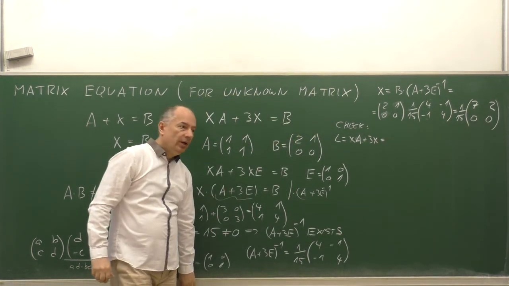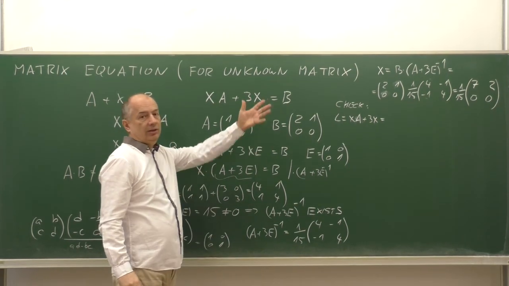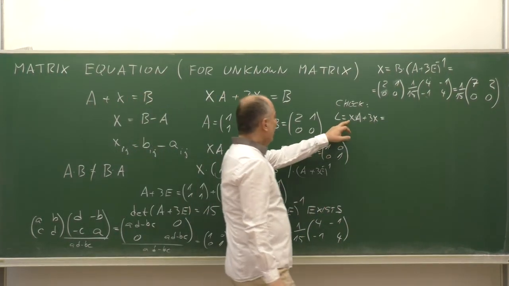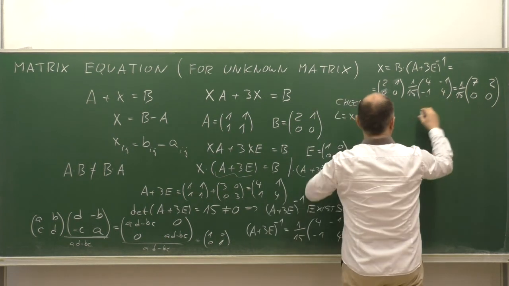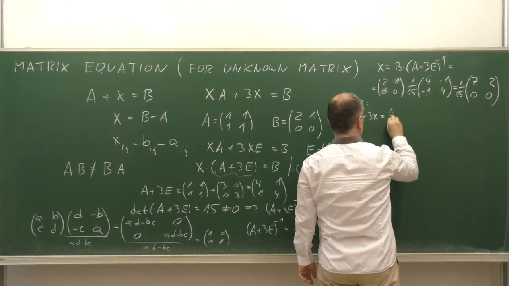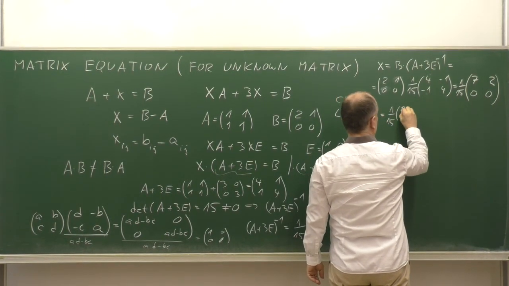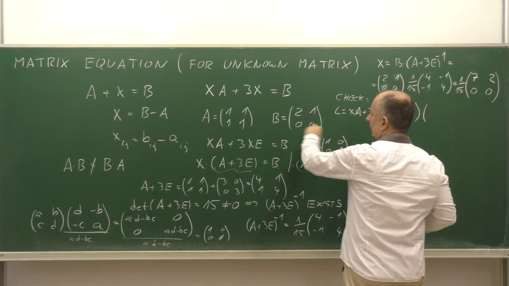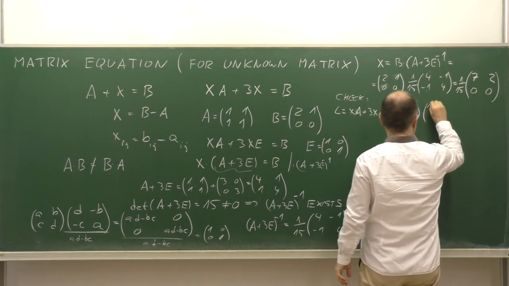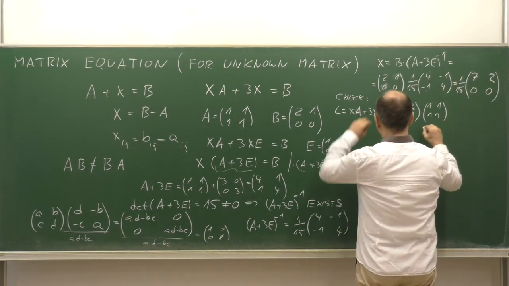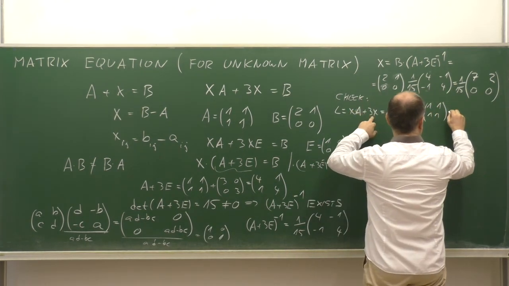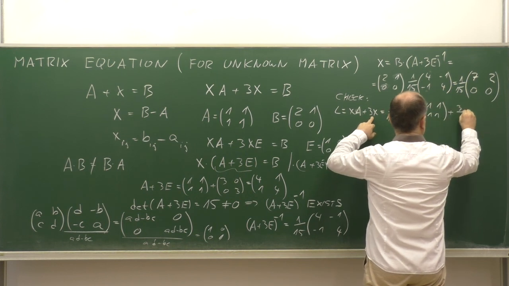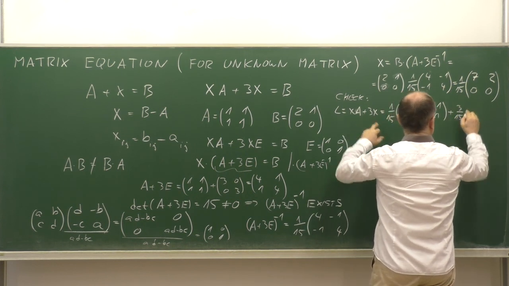Okay, let's evaluate the left-hand side to verify the solution. X is this matrix, 1/15 times 7, 2, 0, 0, times A, which is 1, plus 3X, that means plus 3/15.